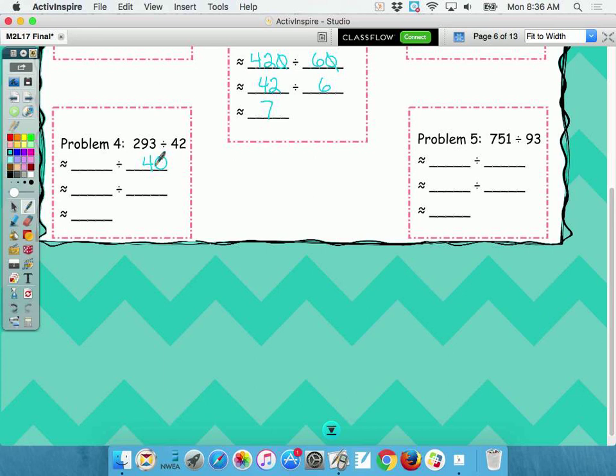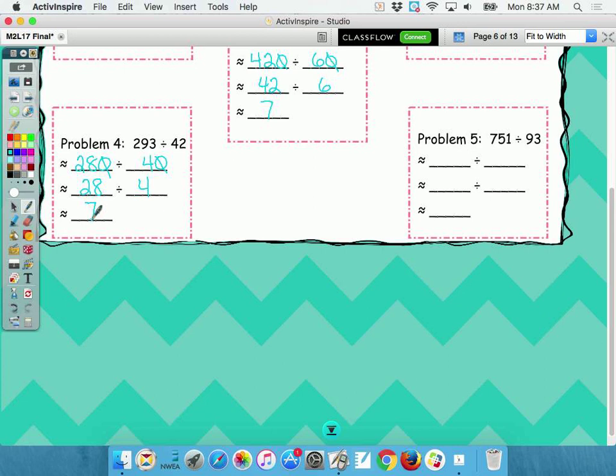I could do 30, but 4 doesn't divide into that either. So I'm going down again to 28. 4 divides evenly into 28. Edwin, what's the answer to 28 divided by 4? You already said it? Okay. It's like you're breaking it down every time.